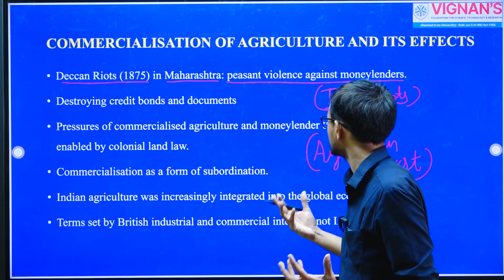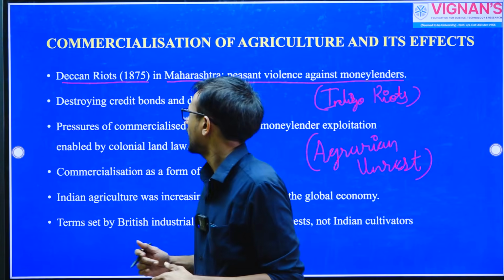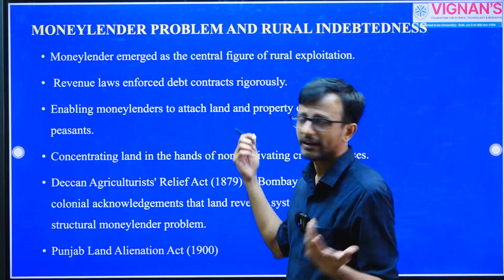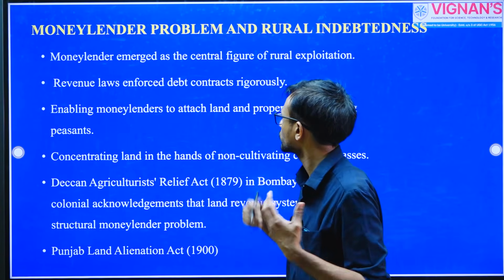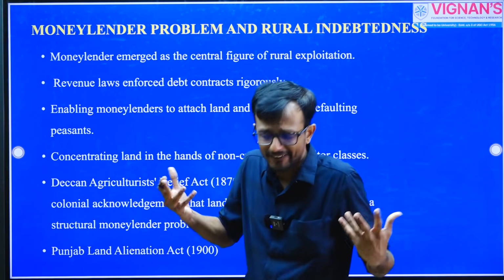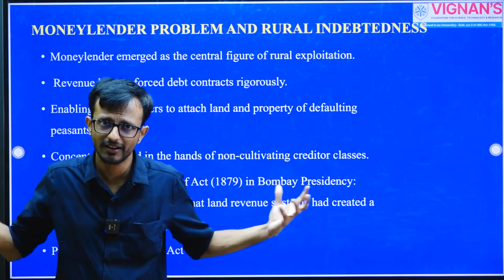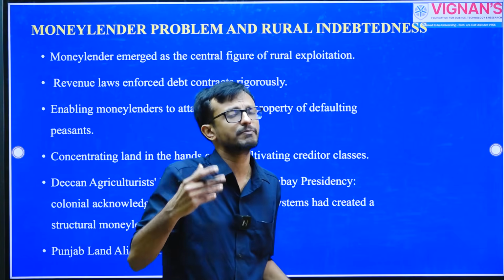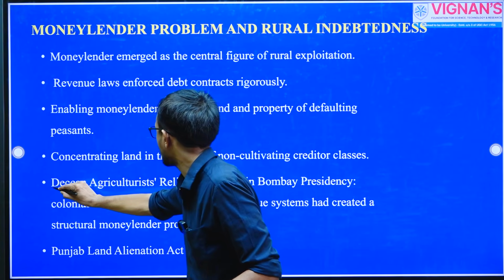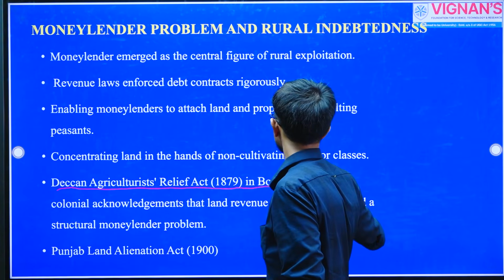So they are resisting these moves, and it had long-term agrarian consequences, right? And as the moneylender is the center of rural exploitation, due to these Deccan riots, the agrarian unrest among the peasants in Maharashtra, the colonial state is forced to implement an act called the Deccan Agriculturist Relief Act in Bombay Presidency.